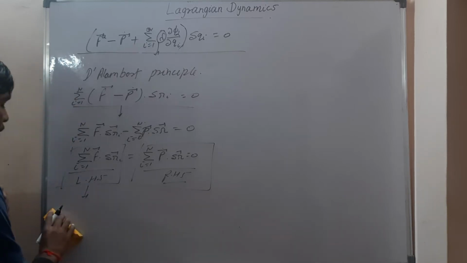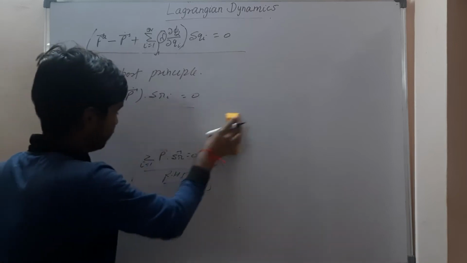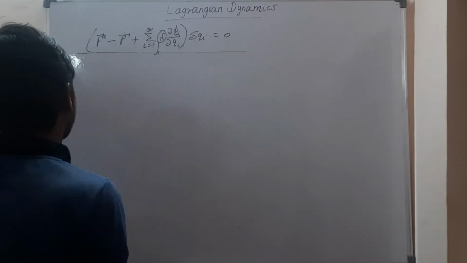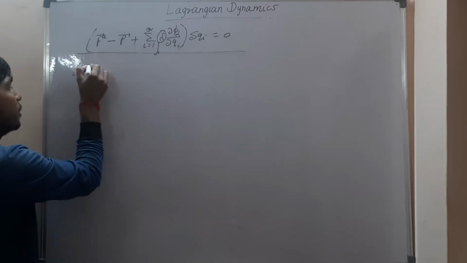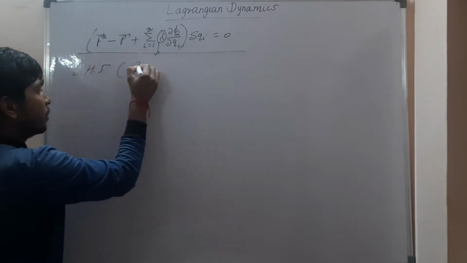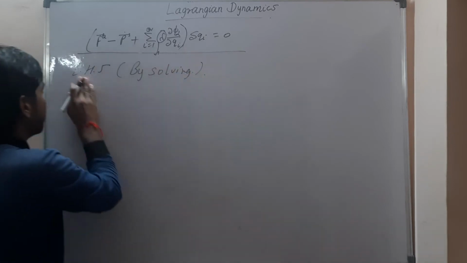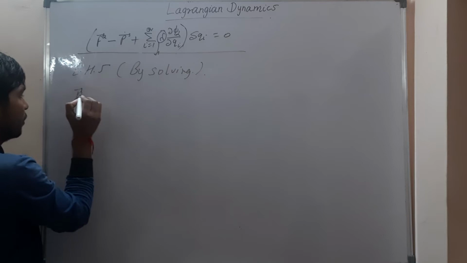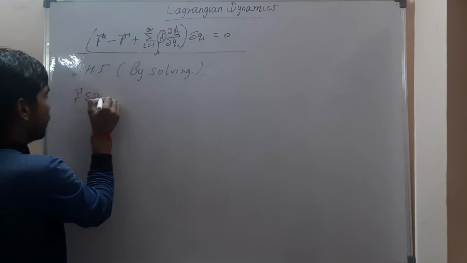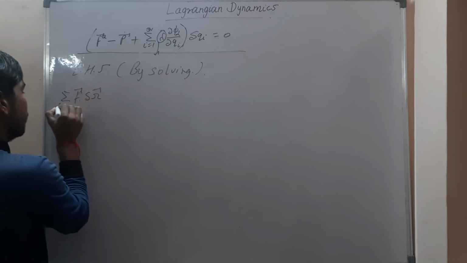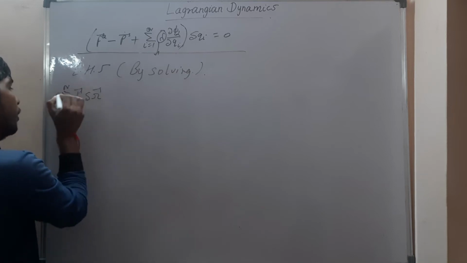So the left hand side part will be del Ri is equal to sigma i is equal to 1 to n particles.